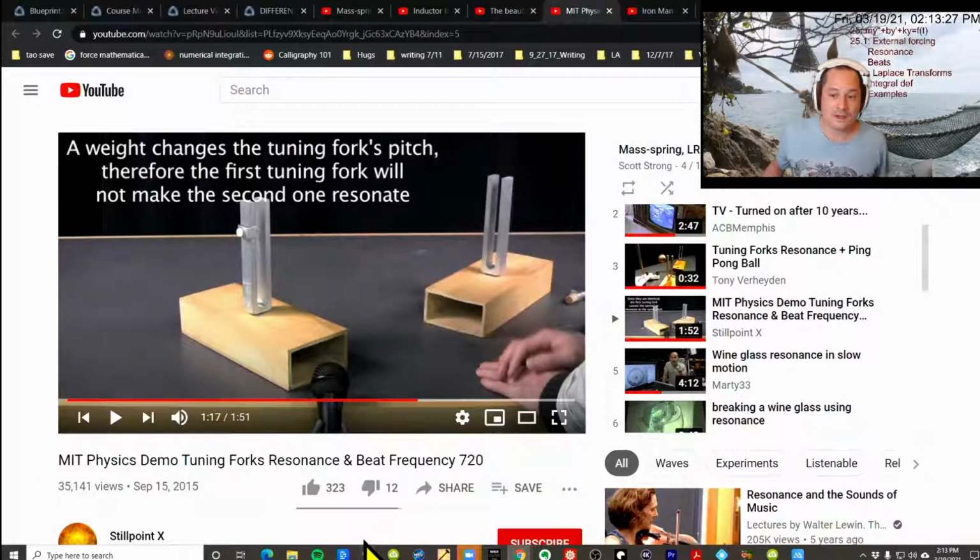Cool. So then, how does this look for LRC circuits or LC circuits? Well, we saw how it looked for the tuning forks, right? We were able to energize this other tuning fork setup when this mass was removed by sending out acoustic waves at the right frequency to energize this.